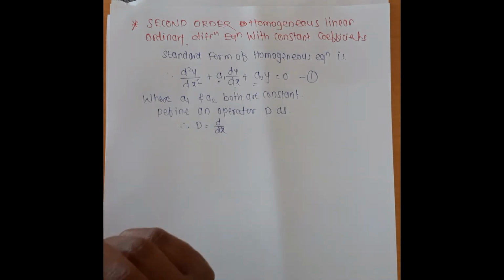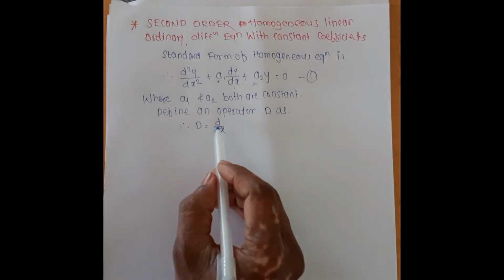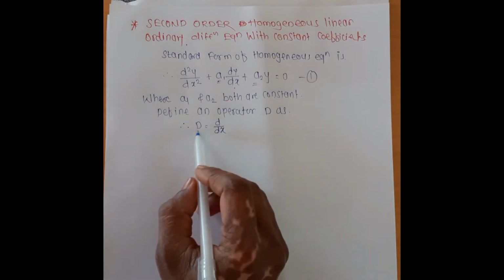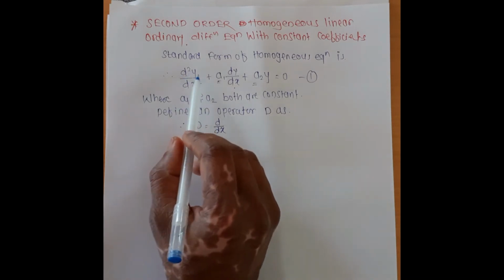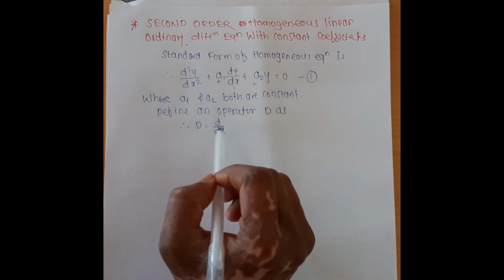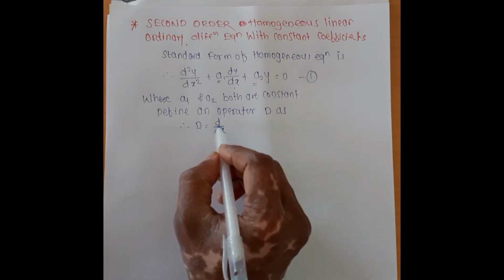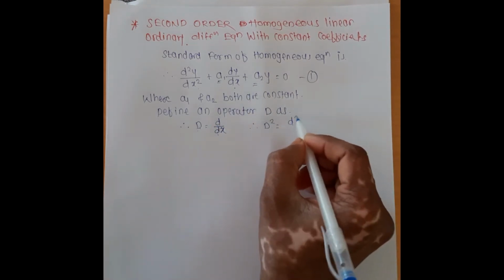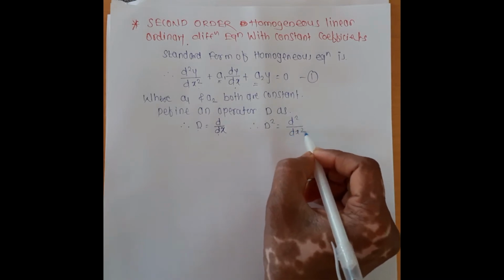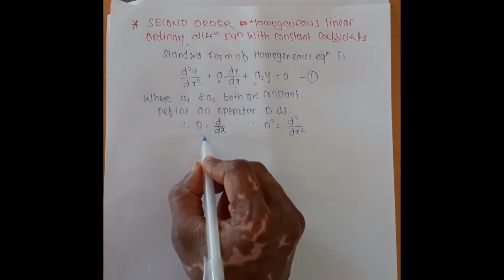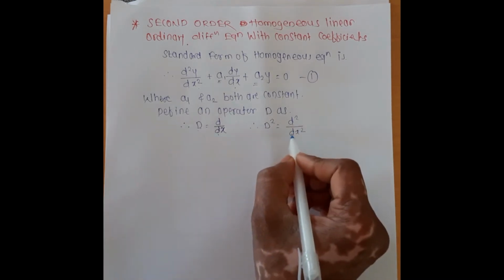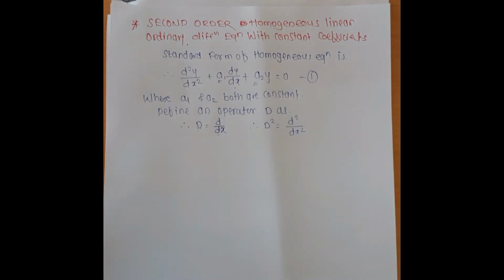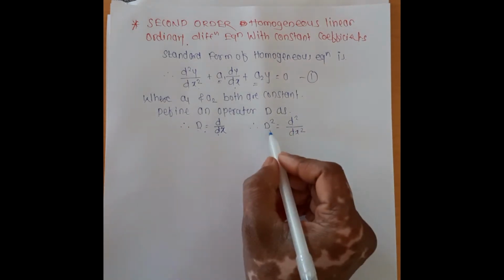It means that instead of d by dx we substitute the operator D. So D square is equal to d square by dx square; we just square this term, and we get D and D square.